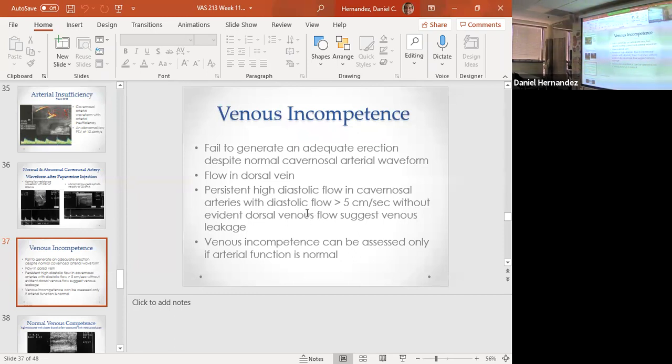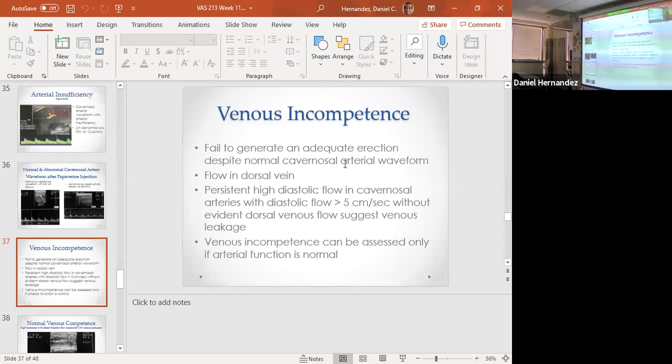So venous incompetence can be assessed only if arterial function is normal. So if we have normal arterial waveforms, we get elevated velocities. We don't see that gradual change as that patient is obtaining peak erection or full erection.